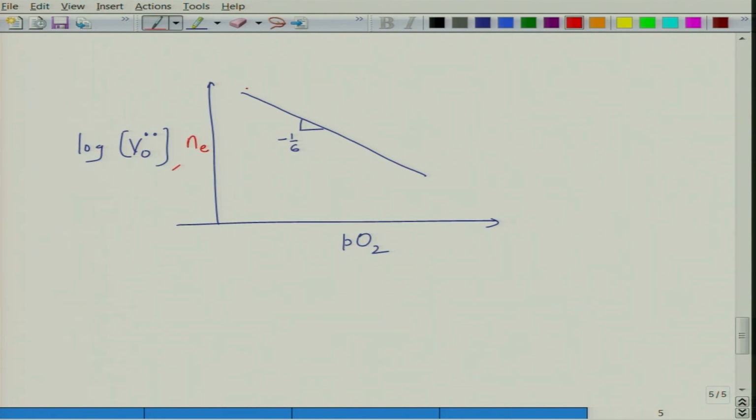So, basically this line will run parallel. This is Ne, which is twice of VO. So, this is what we see in the case of non-stoichiometric oxides, in addition to temperature dependence. This is at constant temperature.